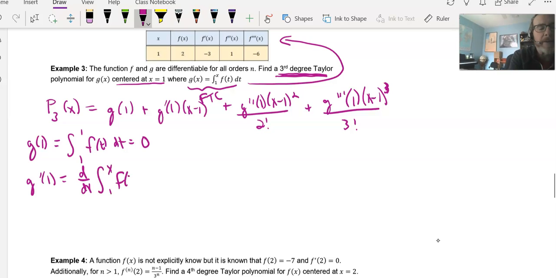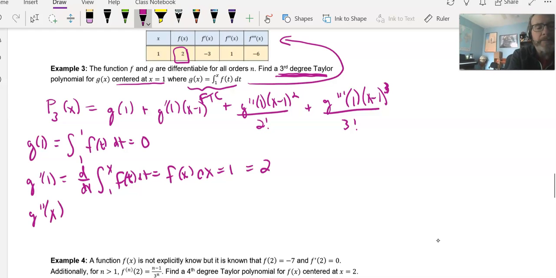Well, that's where the fundamental theorem comes in. The derivative of the integral in this case is just going to leave us with f of x. So f of x at 1 goes to the table, and we see that value is 2. So g prime of 1 is equal to 2.